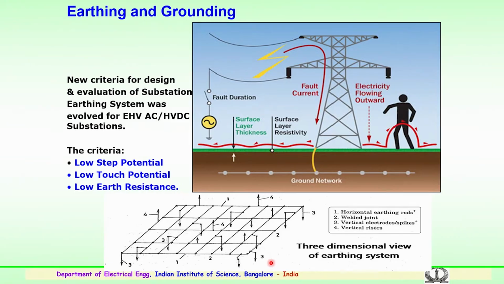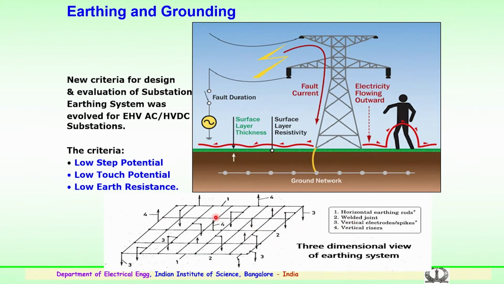Several techniques or methods are followed for earthing or grounding in a substation, depending upon the voltage level, the soil availability and the conditions. This is one example of a grounding mesh with buried grounding rods.